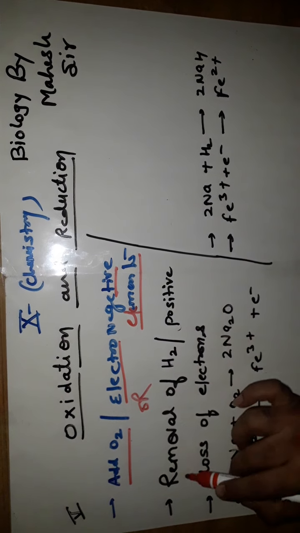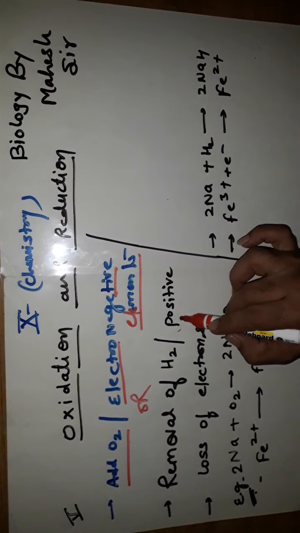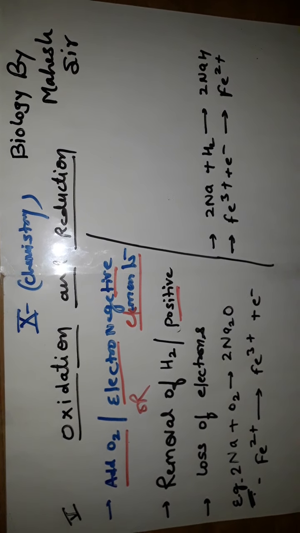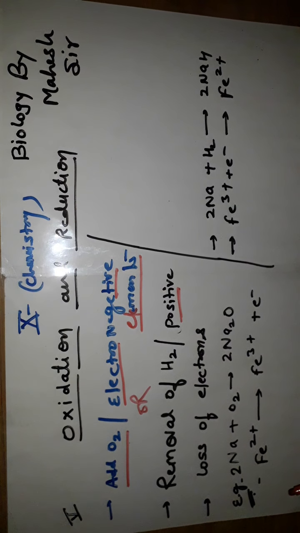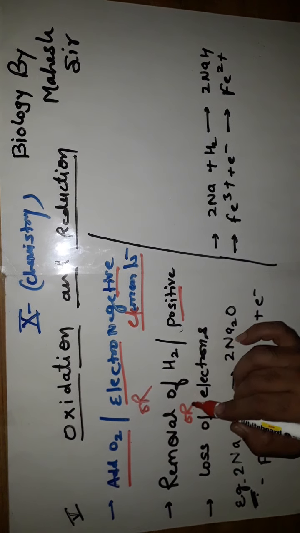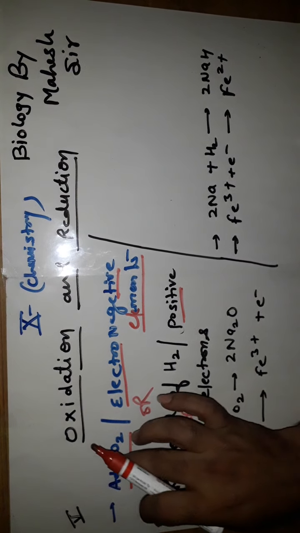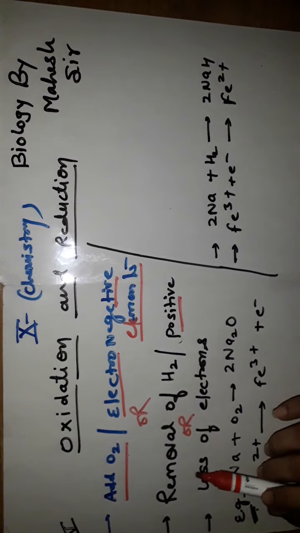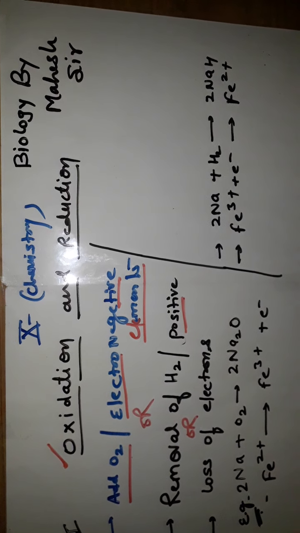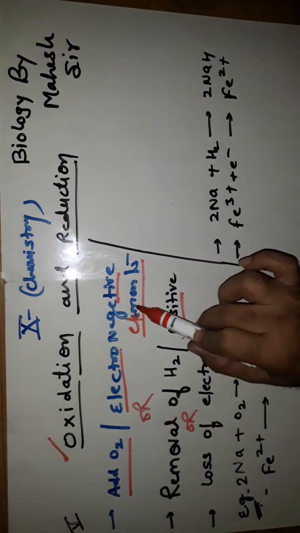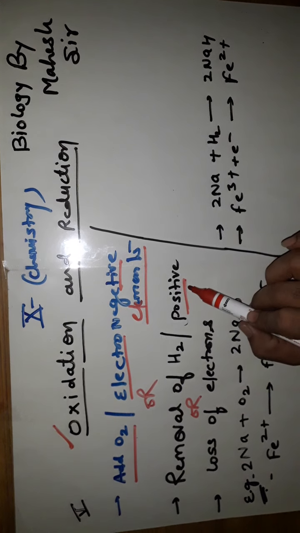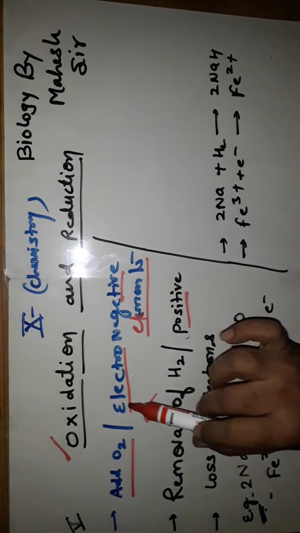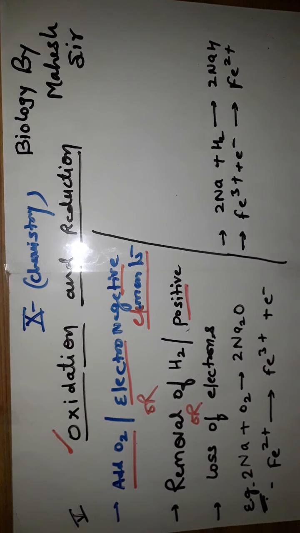Second, removal of hydrogen or electropositive elements. If hydrogen or electropositive elements are removed in a chemical reaction, that time it is called oxidation. And third, loss of electron. If any of these processes happen in a chemical reaction, that time it is called an oxidation reaction. Again, repeat: addition of oxygen or electronegative elements, removal of hydrogen or electropositive elements, and loss of electron, that time it is called an oxidation reaction.